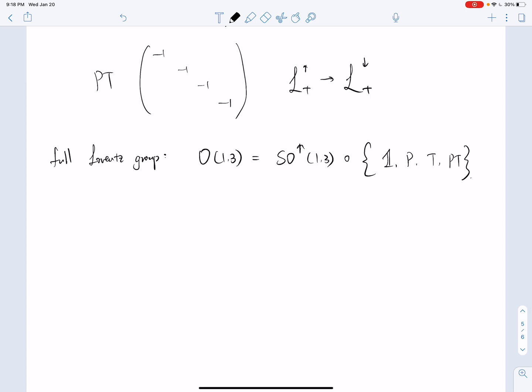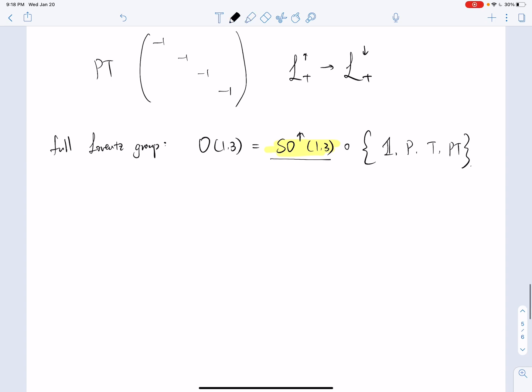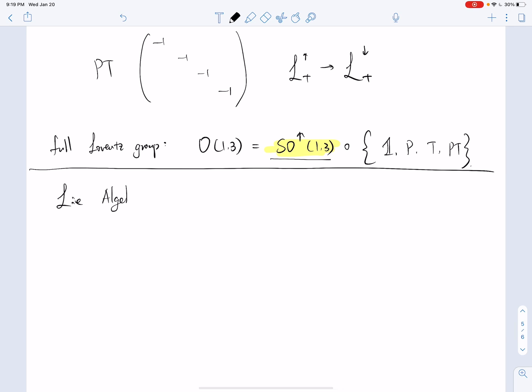This is the full structure of the full Lorentz group. But the interesting bit is SO(1,3) orthochronous, which is the Poincare group. So now let's focus on this interesting bit, and first look at the Lie algebra of our Poincare group.